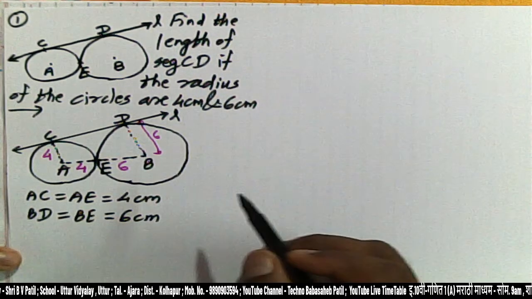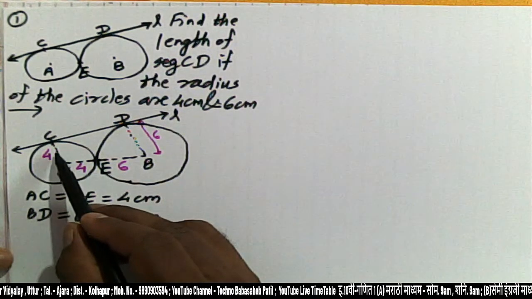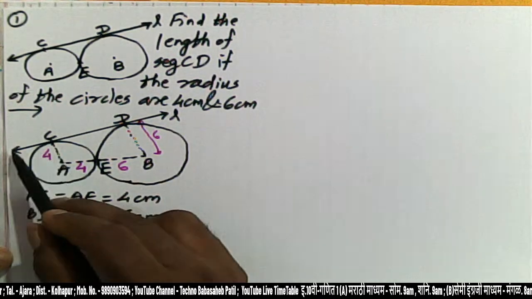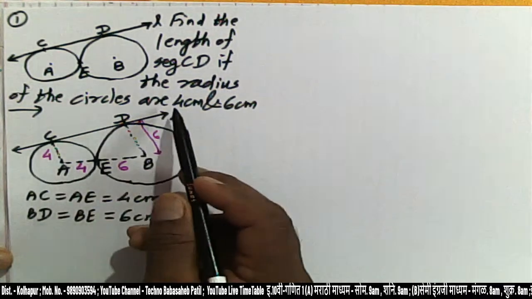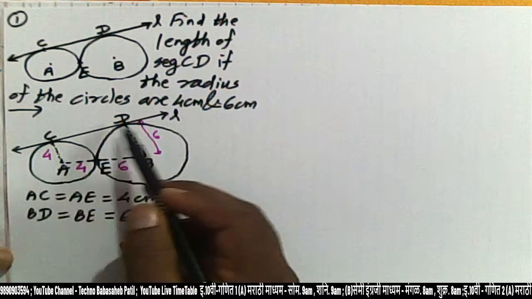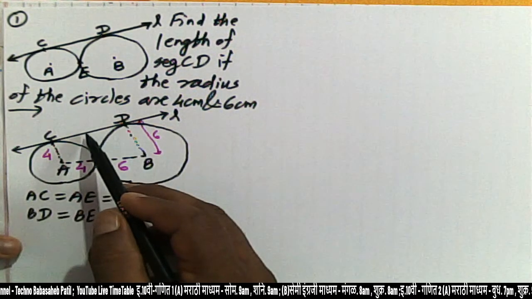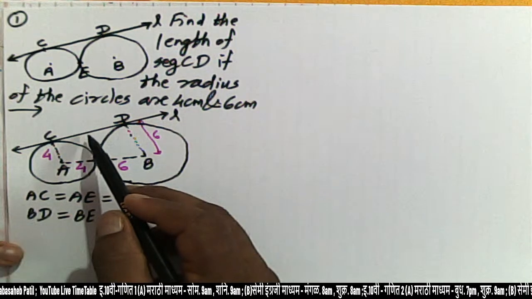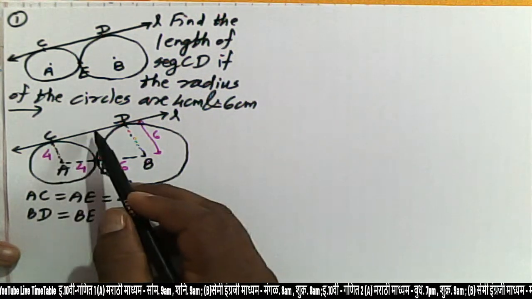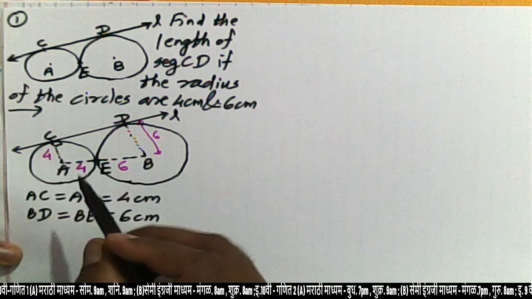Then we know the property: this is a radius, and line L is called a tangent. Radius and tangent, what is the property? Radius and tangent are perpendicular. Therefore, here 90.